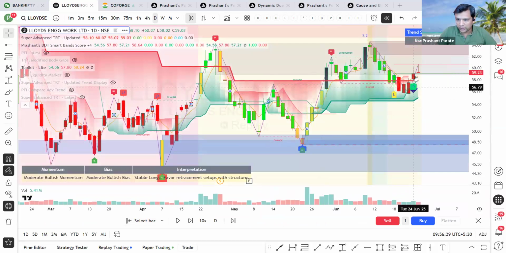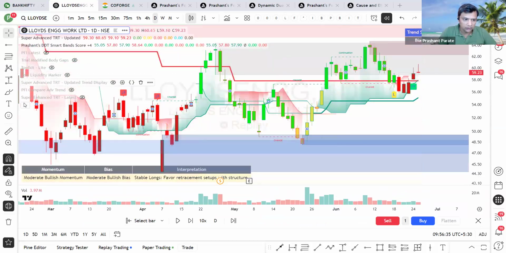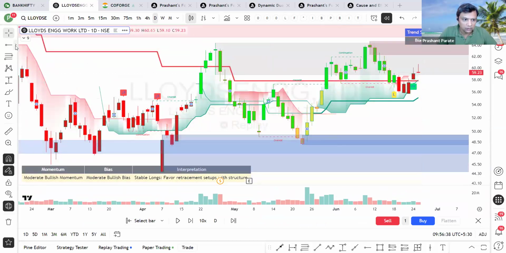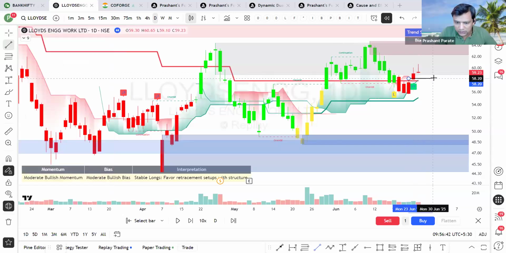And this is Y, the lucky line setup. It gets printed as soon as price goes above this candle high. So when price goes above this candle high, this will get printed immediately.